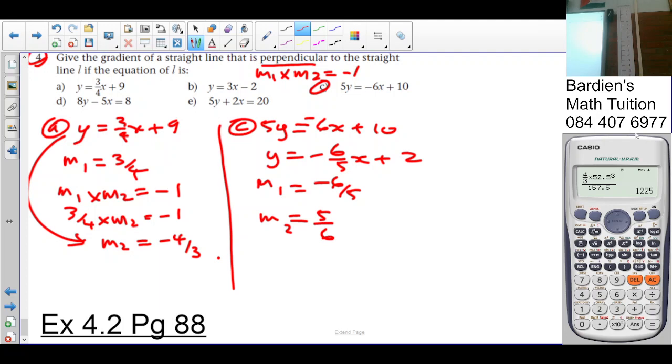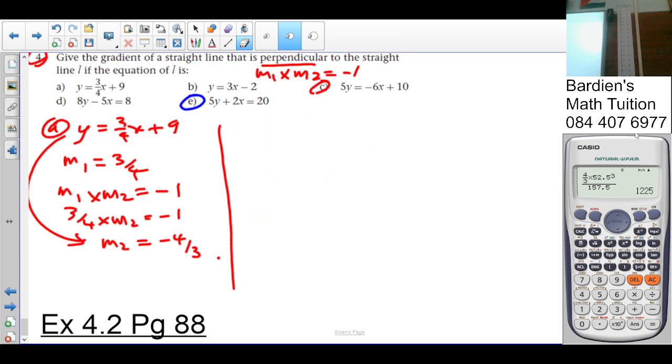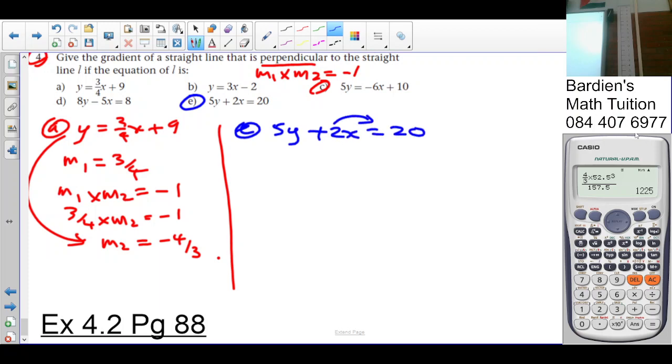Who asked this question? You understand, Michael? Alright, so do for me E, let's hear. You really understand? Go for it. What do we do first? Standard form. So we take that over. So 5y is equal to negative 2x plus 20. Divided by 5.